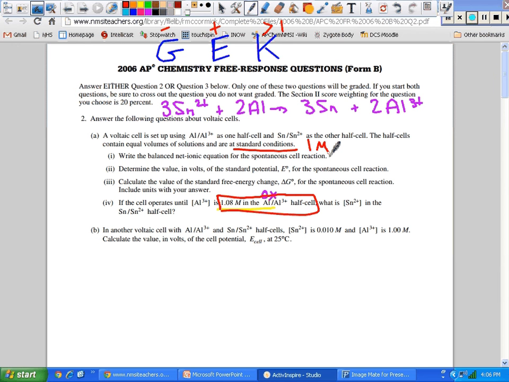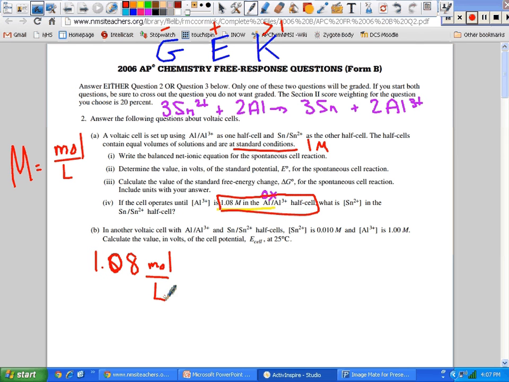So we're starting with 0.108. Now, what does molar equal? Moles per liter. Now, we always said, how do you compare moles to moles? You can also compare molar to molar, right? Because as long as the volume doesn't change, then you can still compare molar to molar. So I'm just going to write moles over liters just to kind of make an effect here. And again, moles is on top. Where does it have to go?